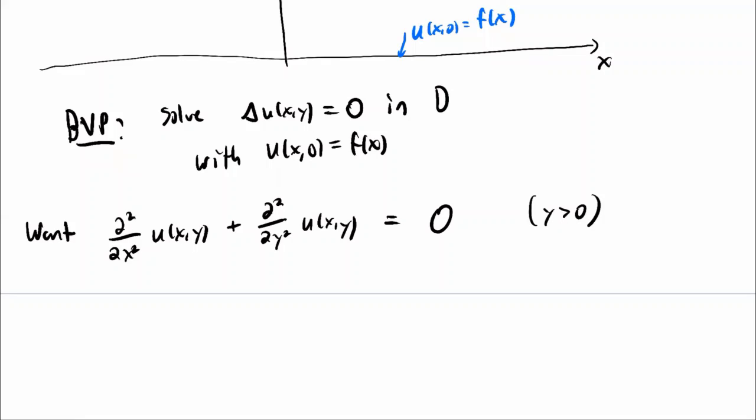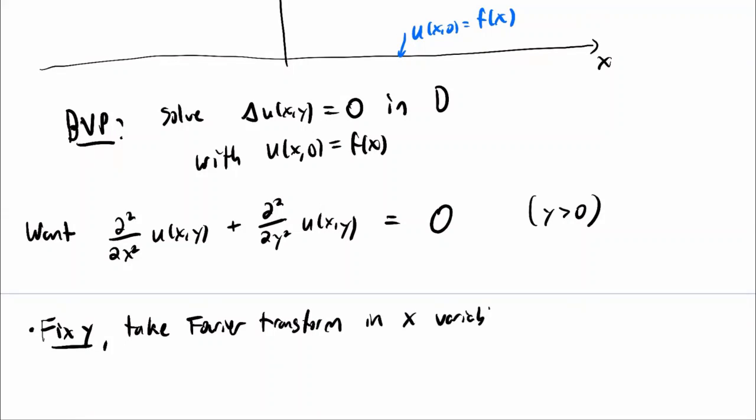What I'm going to do is take the Fourier transform in the x variable. Right. So I'm going to fix y and take the Fourier transform in the x variable. Right. And then we're going to see what happens.